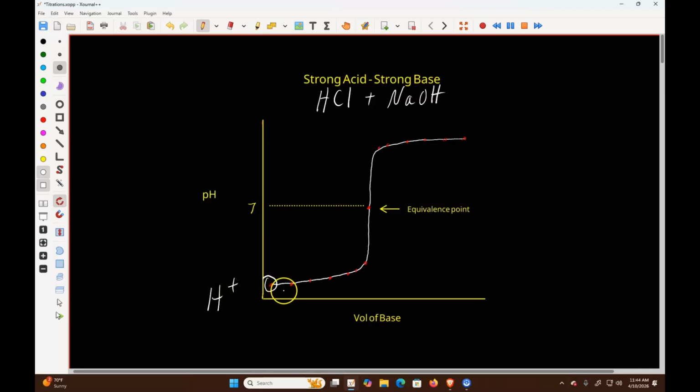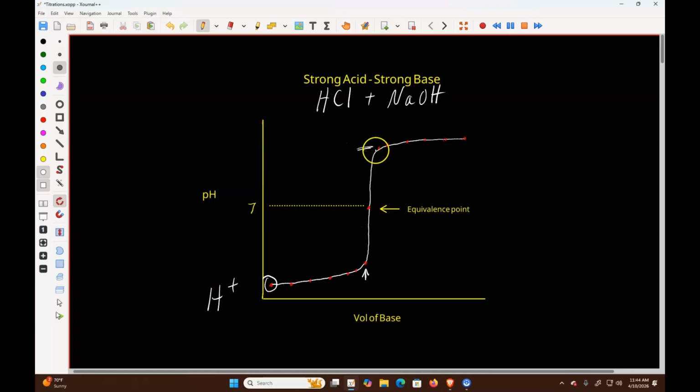As OH- is slowly added drop by drop, the H+ is being consumed and the pH is very slowly rising till we get to this point here. At this point, only 1 or 2 drops of NaOH will send it up here.